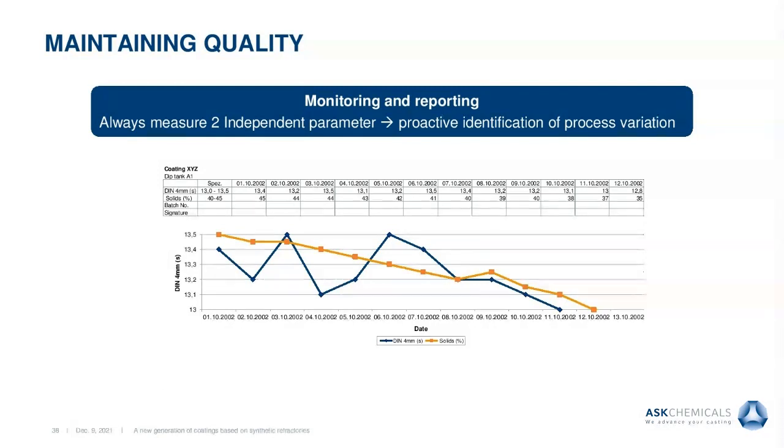For instance, if the solid content or the density goes down, it could be sedimentation in your dip tank or in your flow coating tank. And of course, viscosity then also goes down. But if the viscosity is stable, then maybe other causes can be the reason. Yes, so this balance has to be under control.